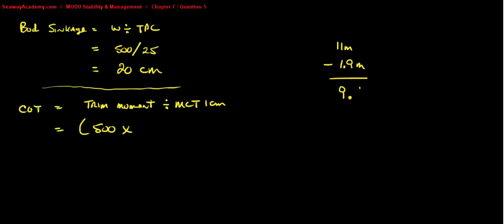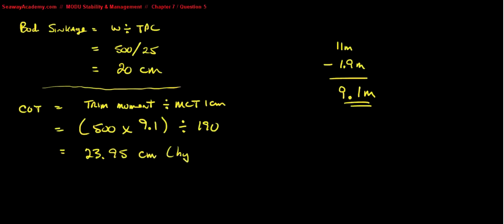They told us the weight's loaded 11 meters aft of amidships, and they tell us that the center of flotation is 1.9 meters aft of amidships. So therefore the load is located 9.1 meters aft of the center of flotation. You divide this by your moment to change your trim 1 centimeter, which was 190. So your change of trim is going to be 23.95 centimeters, and this is by the stern.